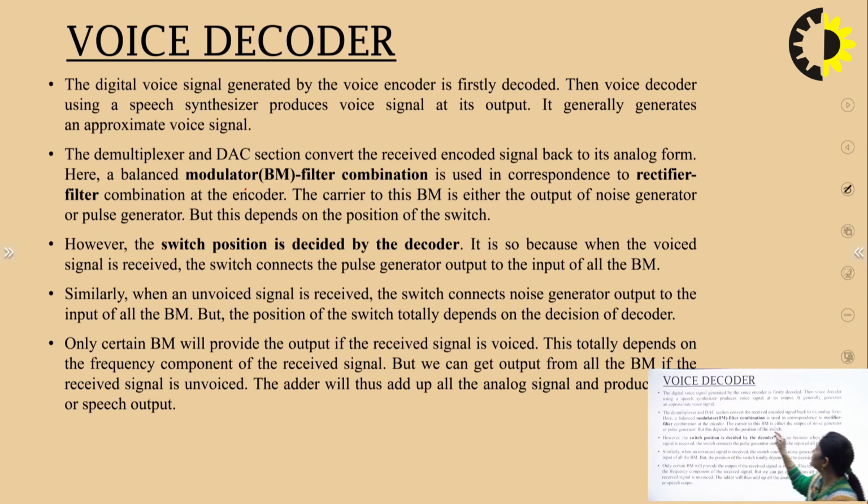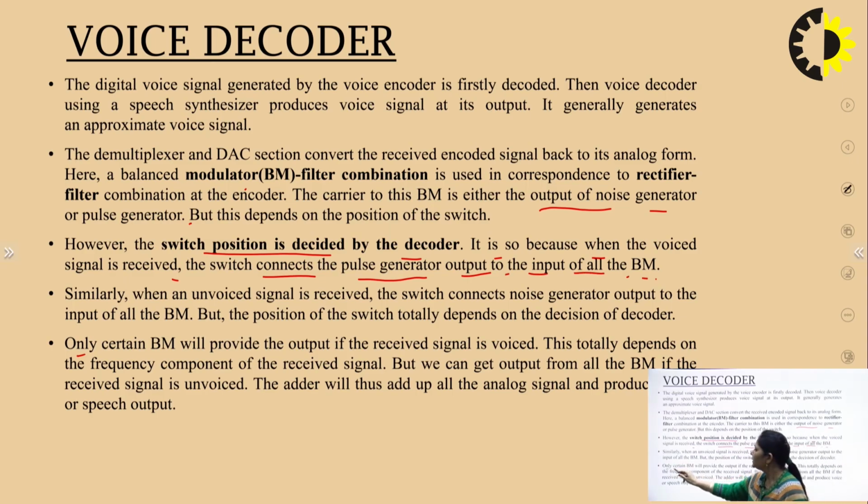The carrier to this balance modulator is either the output of the noise generator or the pulse generator, but this depends on the position of the switch. The switch, whether it is voiced or unvoiced, accordingly the balance modulator will work. However, the switch position is decided by the decoder. It is so because when the voiced signal is received, the switch connects the pulse generator output to the input of the balance modulator. Now, certain BMs will provide the output if the received signal is voiced.